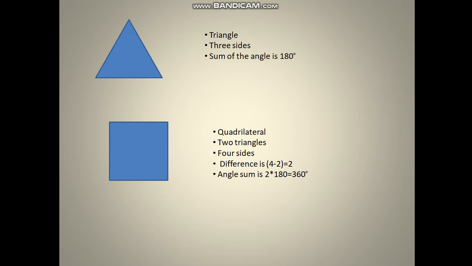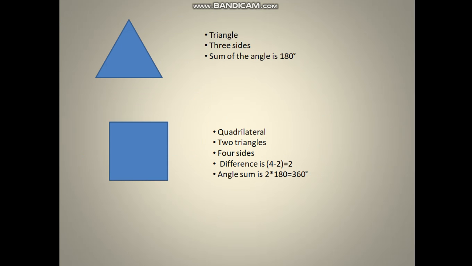Let's move on to the triangle. A triangle has three sides, and the sum of its angles is 180 degrees. In the quadrilateral, if it is divided, it has two triangles, and it has four sides.